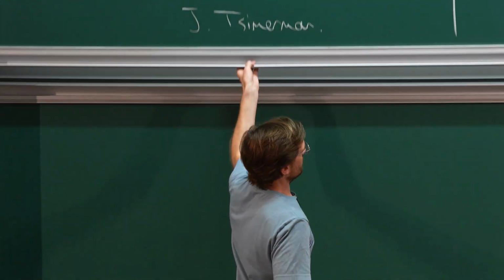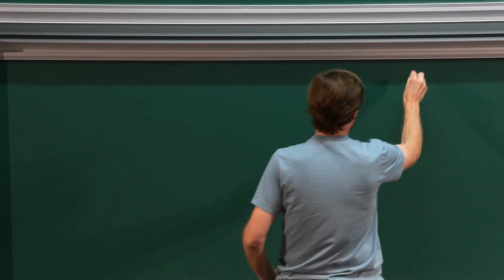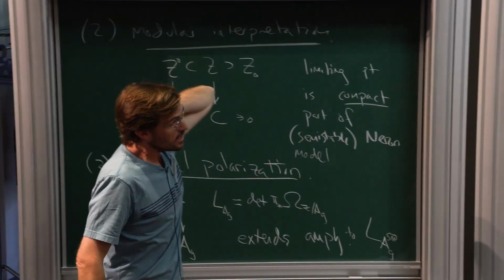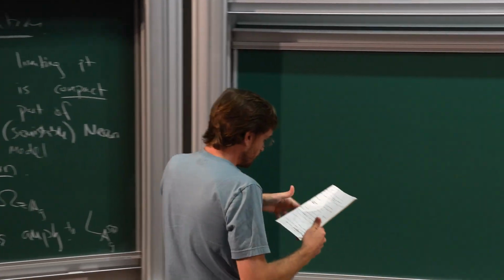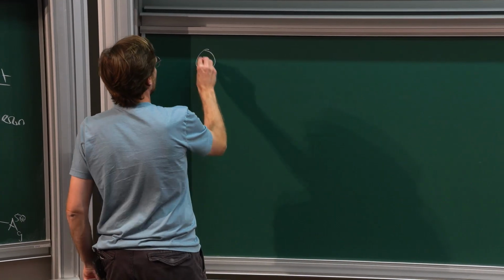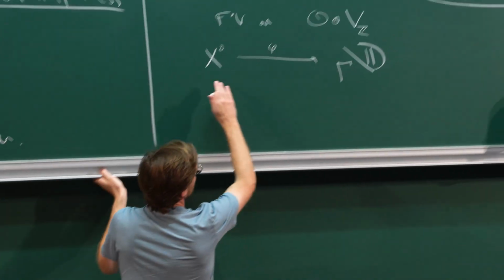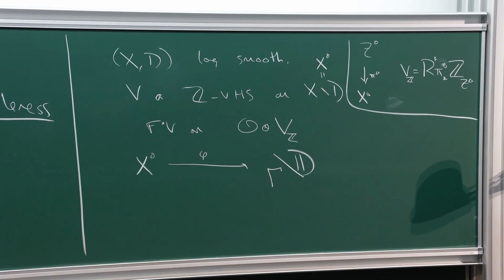And in analogy with the way this story plays out for algebraic geometry, Griffiths first showed that in fact this is always a compactifiable morphism.